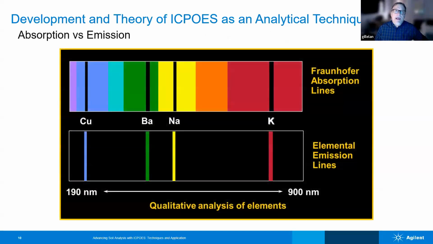The take home from all this is that atomic absorption and atomic emission are two sides of the same coin. They don't always line up perfectly one to one, but it's the same process in reverse. Either the atom is absorbing light and you're getting less light through, or the atom is emitting light and you're able to measure that emission.